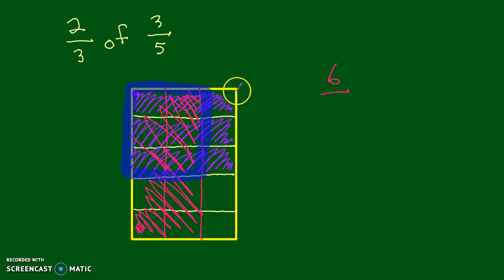And now I have to figure out how many pieces are in the whole rectangle. So I've got 1, 2, 3, 4, 5, 6, 7, 8, 9, 10, 11, 12, 13, 14, 15. I have 15 total pieces. So you can see that 2/3 of 3/5 ends up being 6/15.